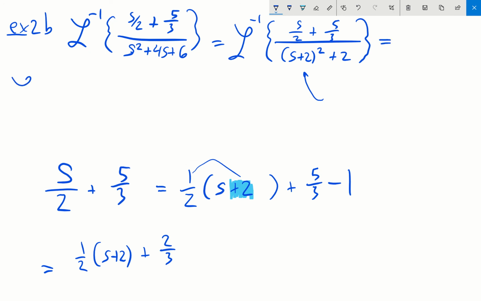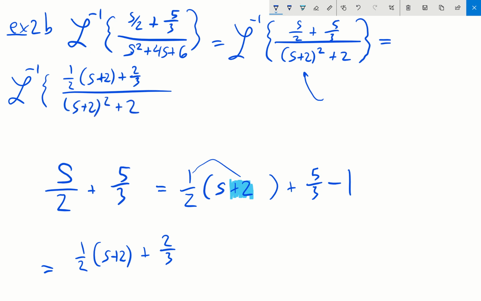So we're going to rewrite the numerator like this. This is still equal to the inverse Laplace transform of 1/2 (s plus 2) plus 2/3 over (s plus 2) squared plus 2. And now what we're going to do next is use linearity of the inverse Laplace transform to rewrite this.